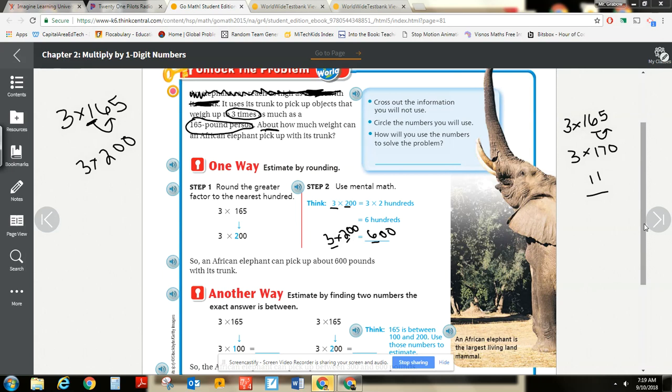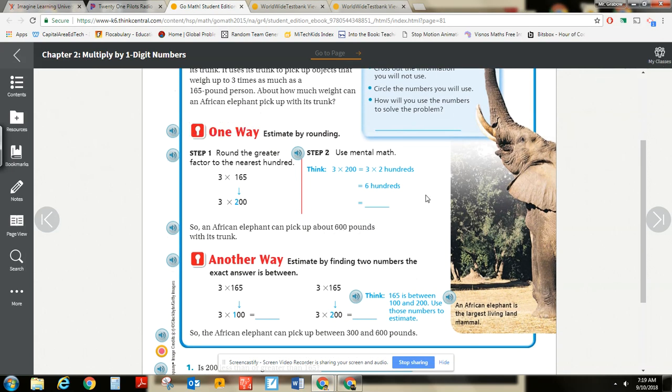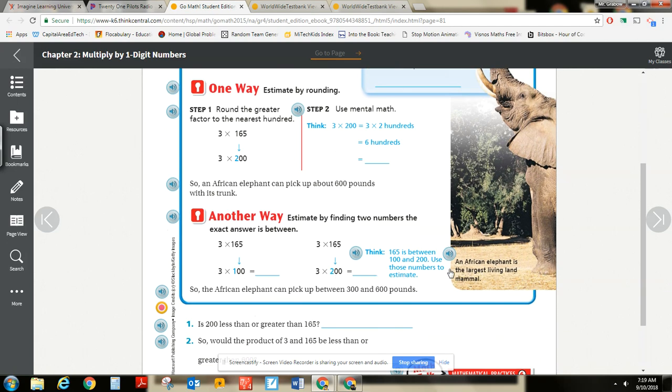The other way that they show us to do this problem, I really like this other way, because it's going to give us a range, and this is really going to help us when we think about checking someone else's estimate. So we have 3 times 165, and you'll see that they just did 3 times 100. They didn't really round; they just figured, well, it could be 100 or it could be 200.